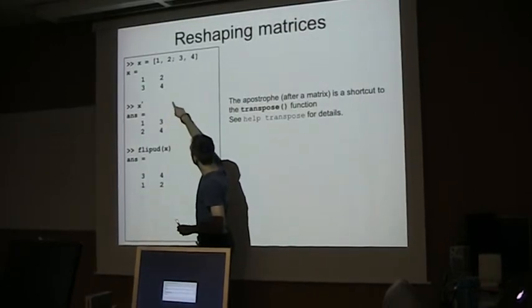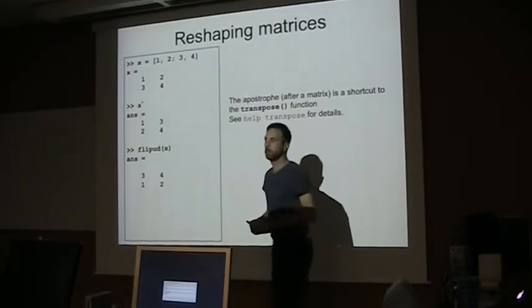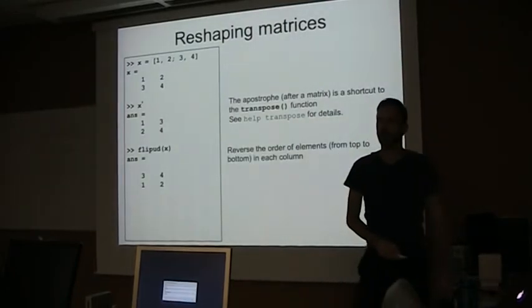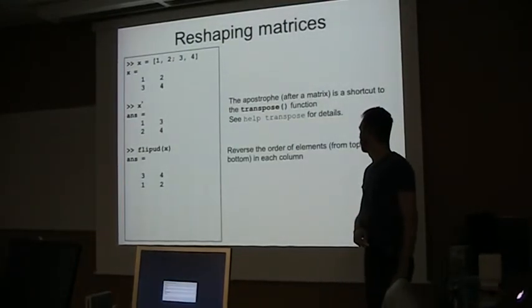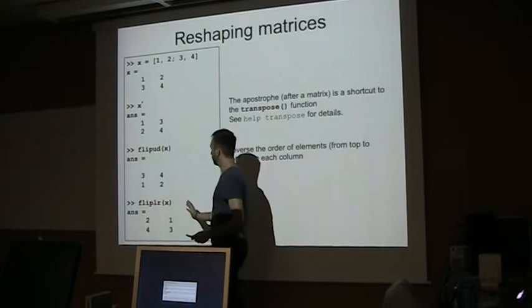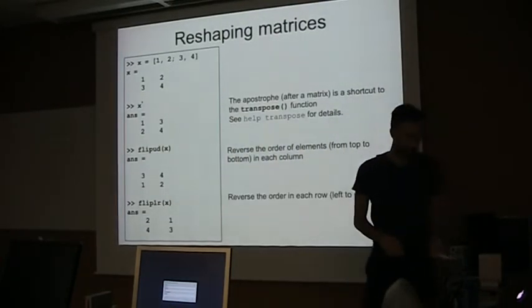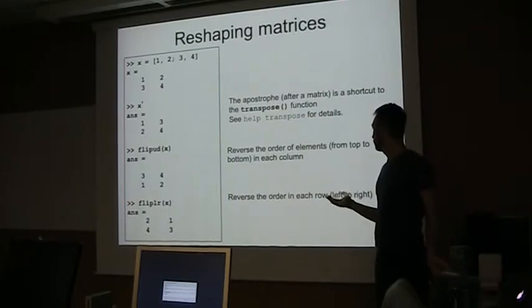Flip up down, I'm flipping this one, right? So what is the first row becomes the last row, what is the last row becomes the first. Flip left right is the same thing, only the first column becomes the last column, and the last column the first. So it reverses the order of each column.